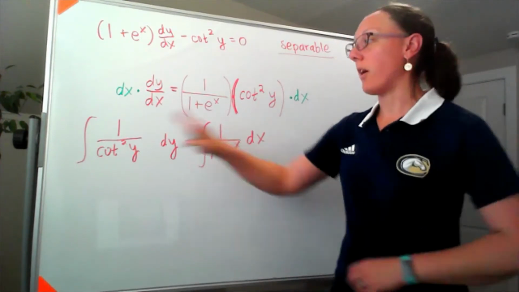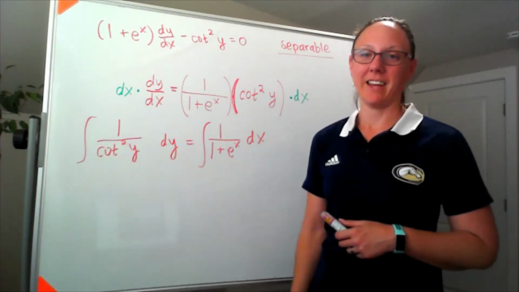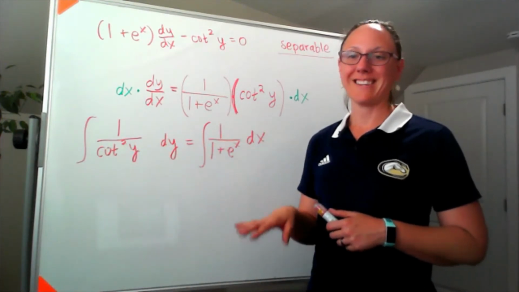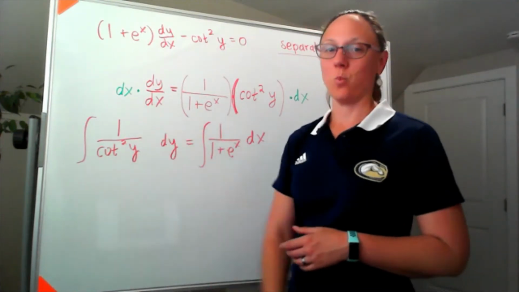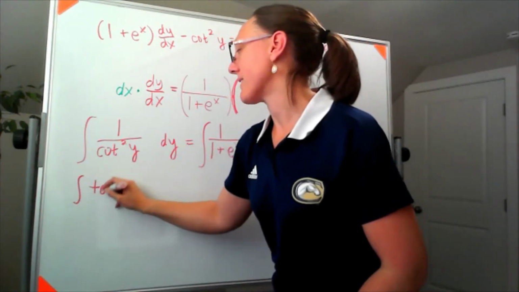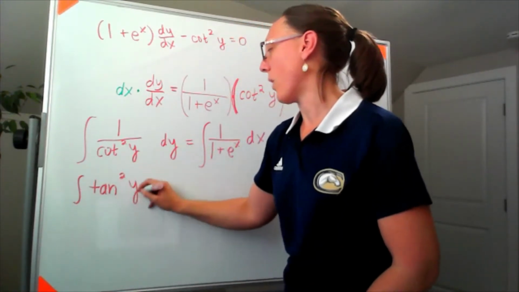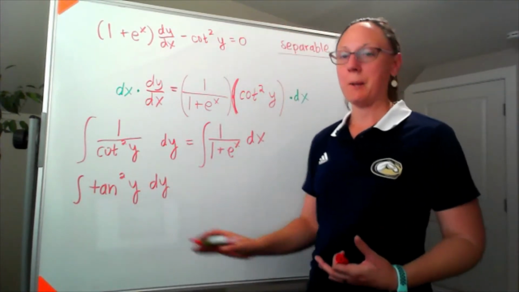Okay, so on the left-hand side, the trick is that we really need a trig identity. So 1 over cotangent is the same thing as tangent. So rather than having this as 1 over cotangent squared y, I really want to think about this as tangent squared y dy, and then take that one step further.